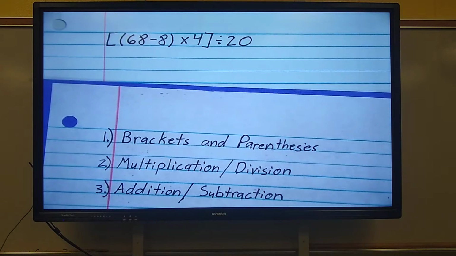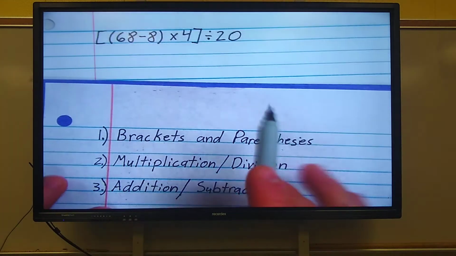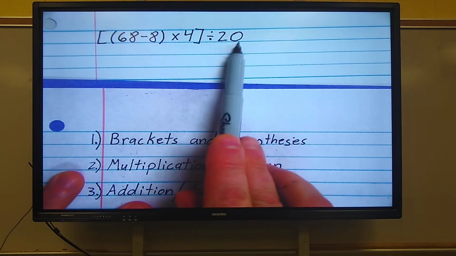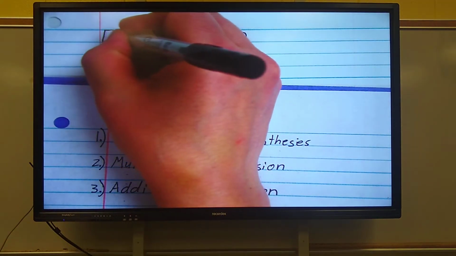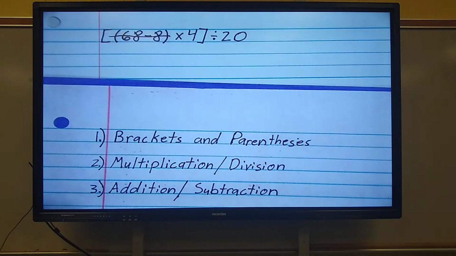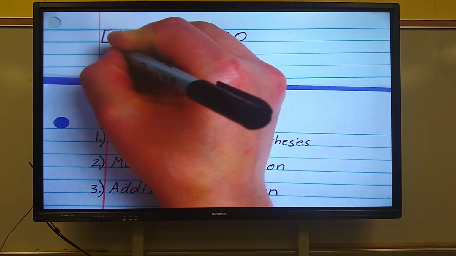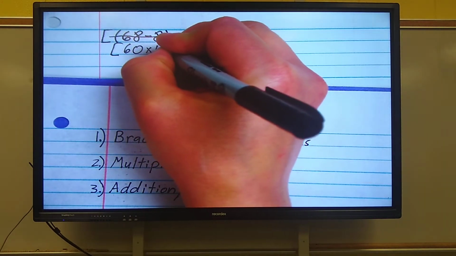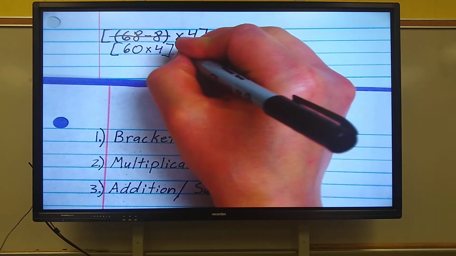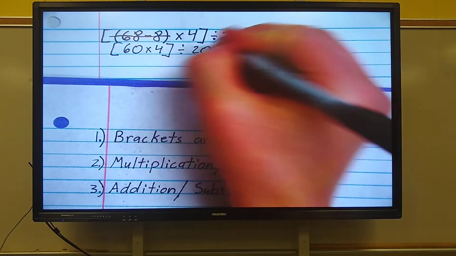I do indeed have brackets. That means this divided by 20 is going to be the last thing I do. Inside the brackets, I have parentheses that must be done first. 68 minus 8 is 60. So brackets, 60 times 4, brackets, divided by 20.